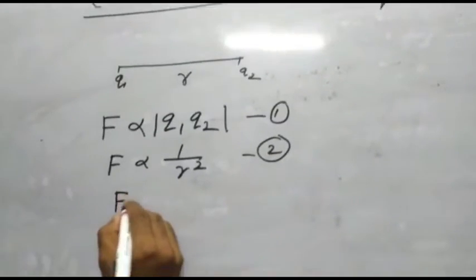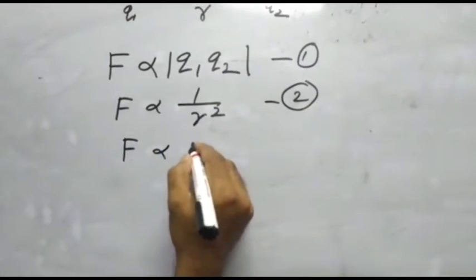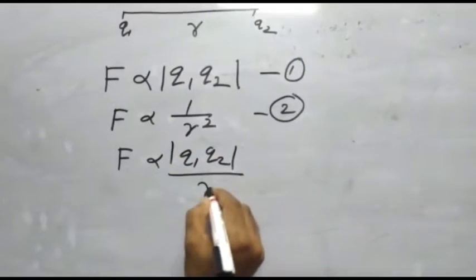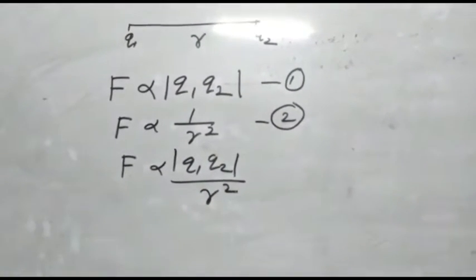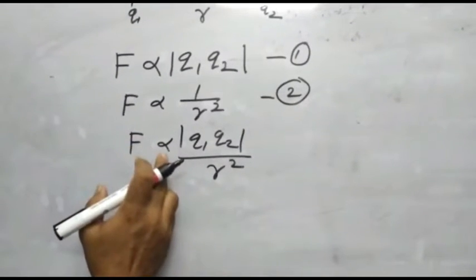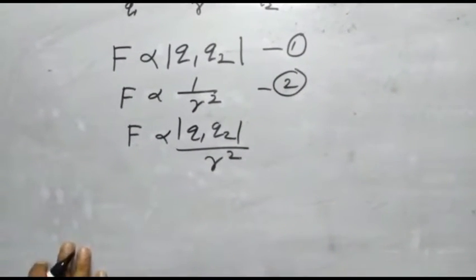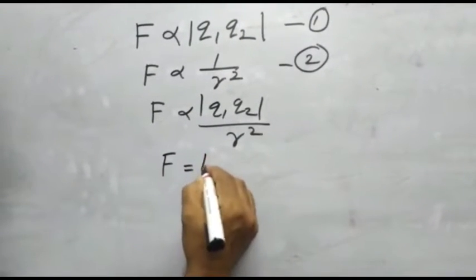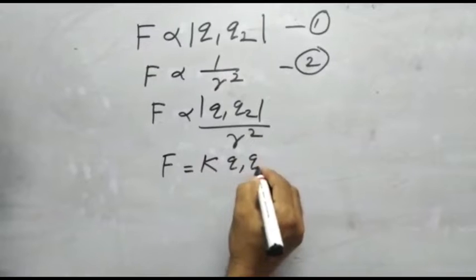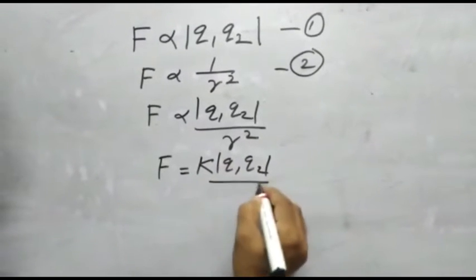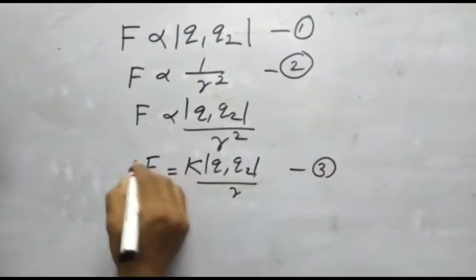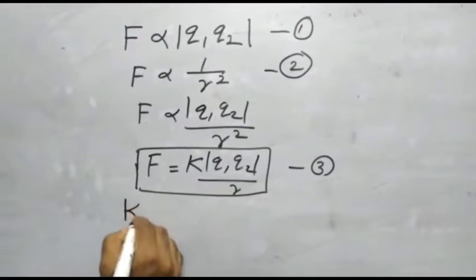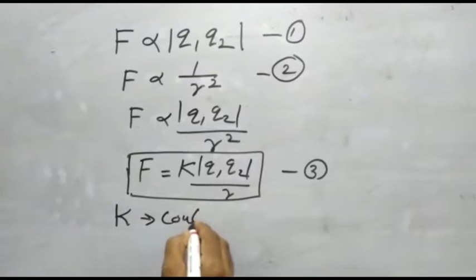By combining these two equations, F is proportional to Q1 Q2 by R square. How will you remove this proportionality sign? By introducing a constant term. So now I introduce a constant term, that is F equal to K Q1 Q2 by R square, where K is known as Coulomb's constant.